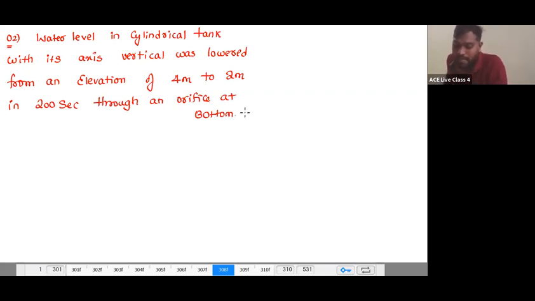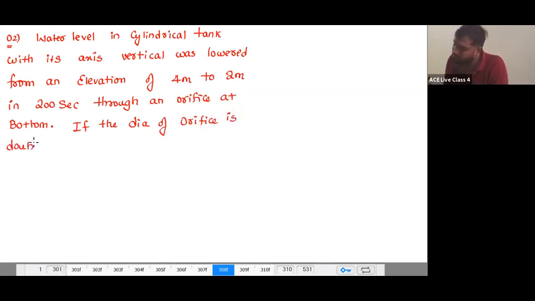Now, if the diameter of the orifice is doubled, the time required for the above lowering of water surface, what happens to the time?